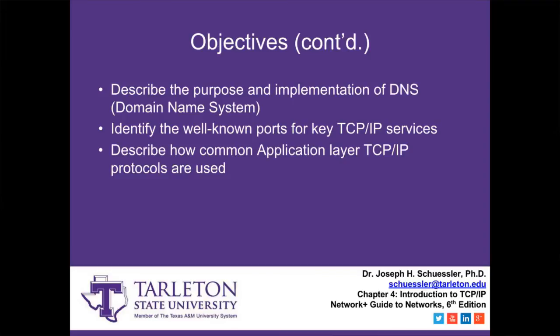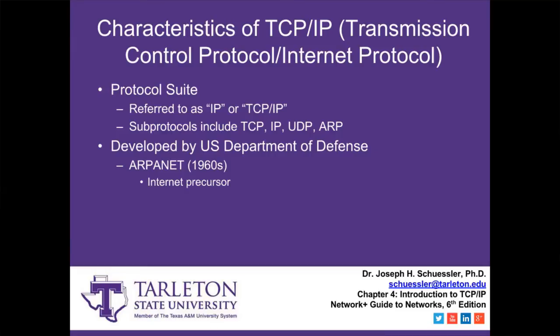We'll discuss well-known ports for key TCP IP services. There are literally thousands of different port numbers that are used by various applications, but we're just going to focus on some of the main ones that you should probably be aware of. And we'll finish up talking about common application layer TCP IP protocols and how they're used.